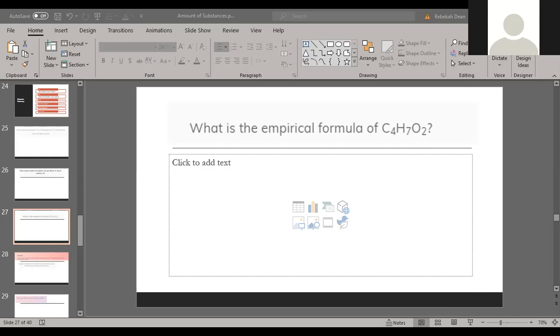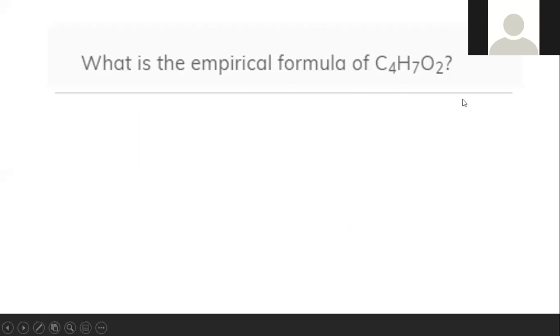Okay, so yeah, empirical formula is the simplest way that we can show a molecular formula. So molecular formula is always a multiple of the empirical formula. So it's the simplest ratio we can get of a molecular formula. Well, actually, the empirical formula of C4H7O2 is C4H7O2.